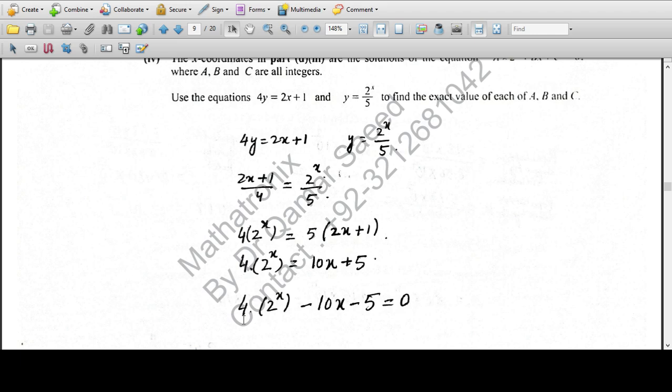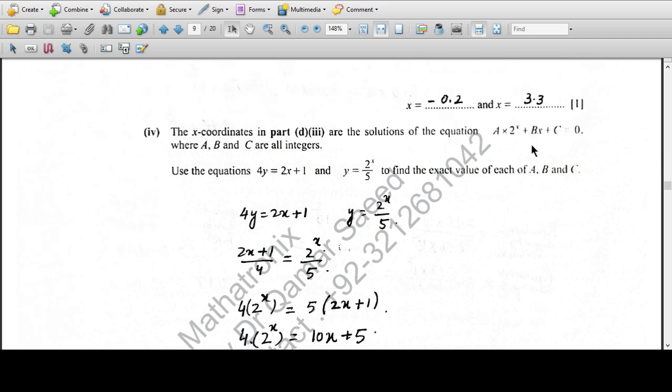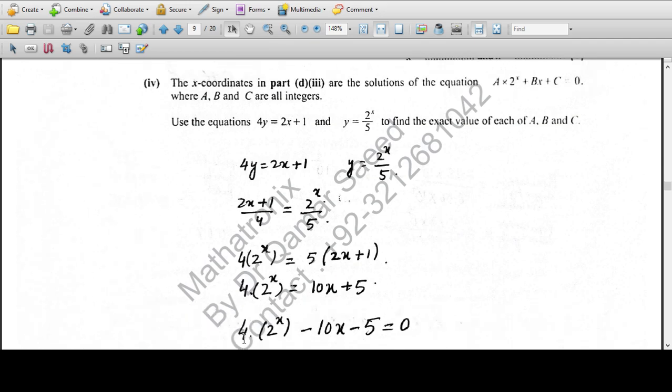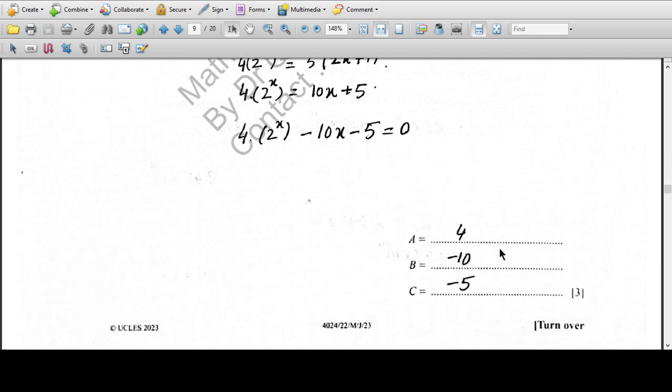So 4 times 2 power x minus 10x minus 5 is equal to 0. Comparing with the equation, the value of a is 4, the value of b is minus 10, and the value of c is minus 5. So these a, b and c values are obtained.